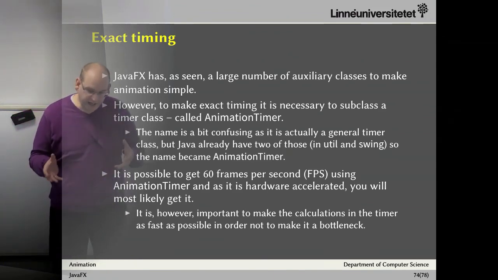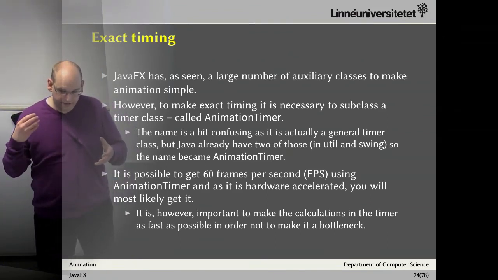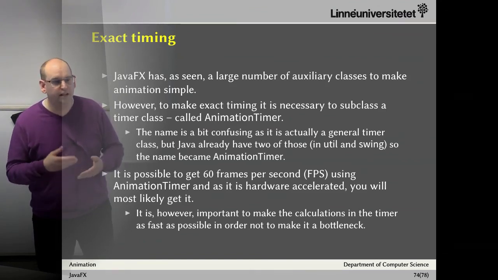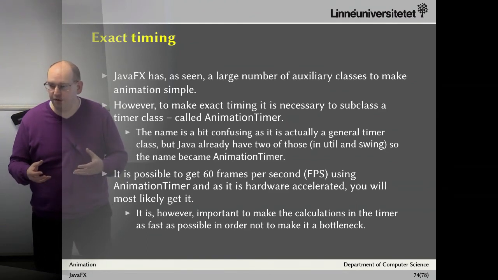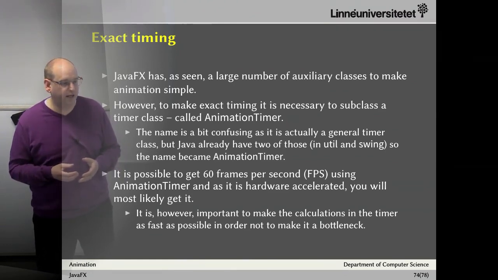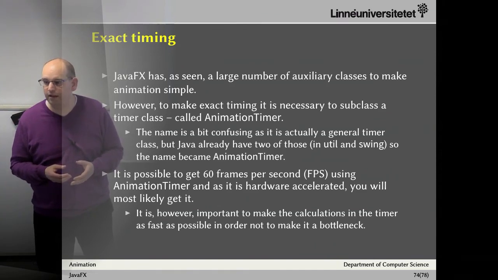And the idea is that the system should send a pulse 60 times per second, so 60 frames per second, to a specific method. This method should do something, for example, change the position of an image or whatever it might be.